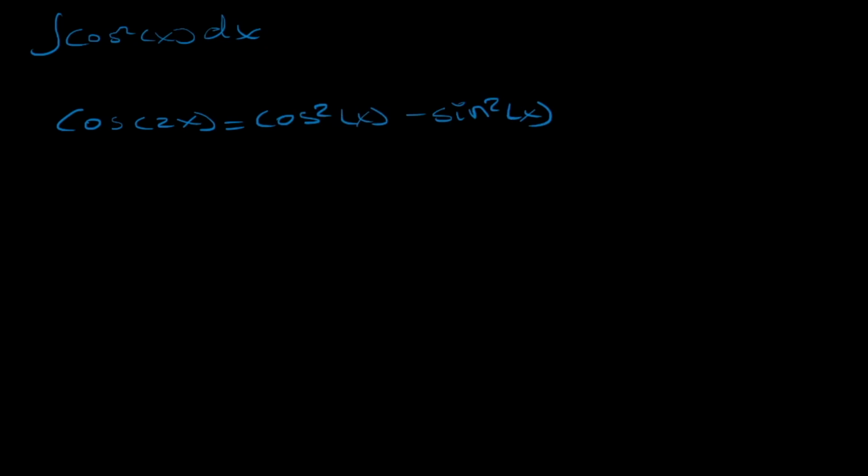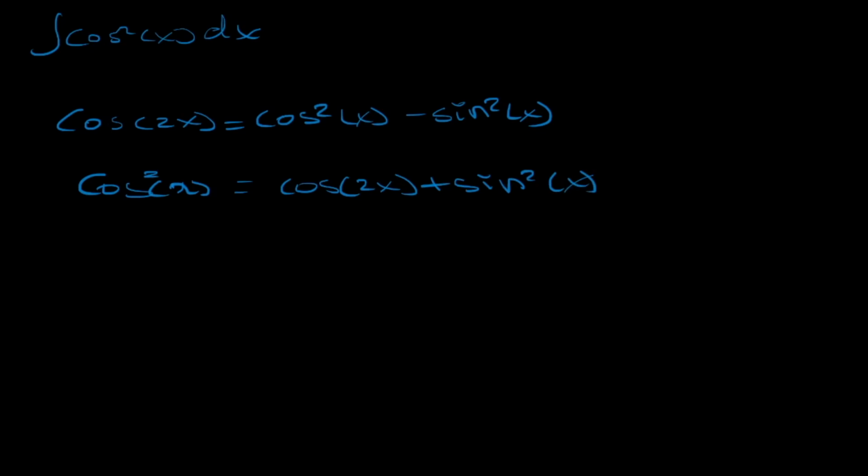So what I'd first do is say cosine squared of x equals the cosine of 2x plus sine squared of x. In essence, I'm just moving around terms so that I isolate cosine squared of x.